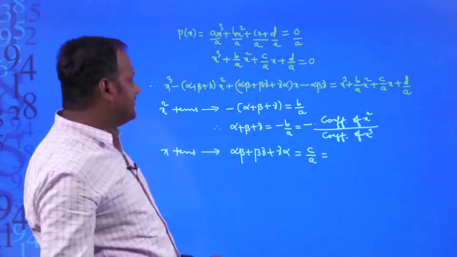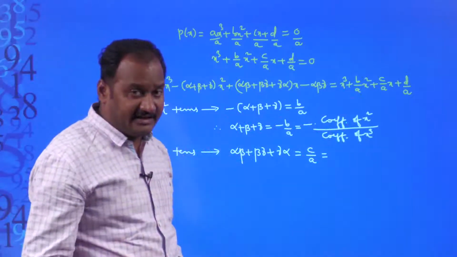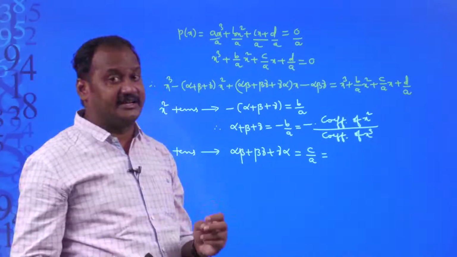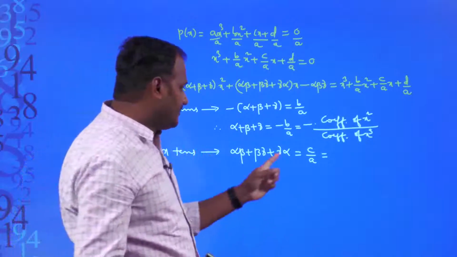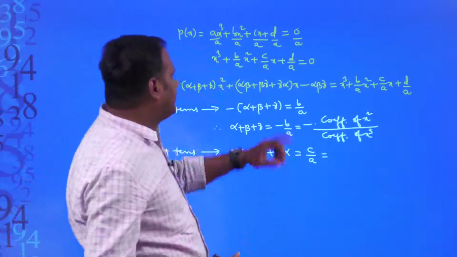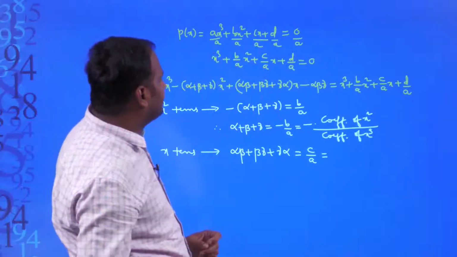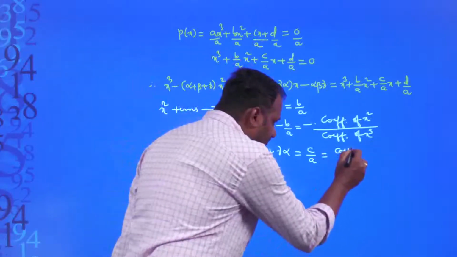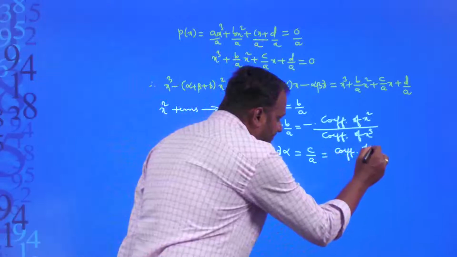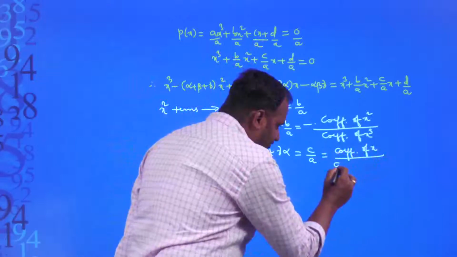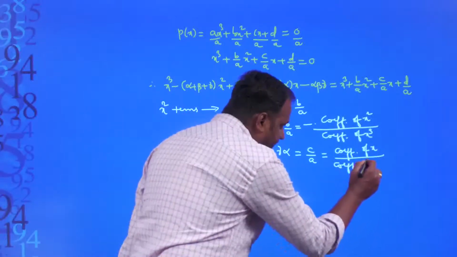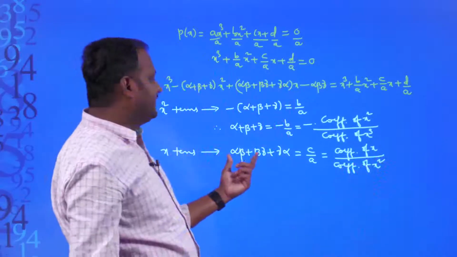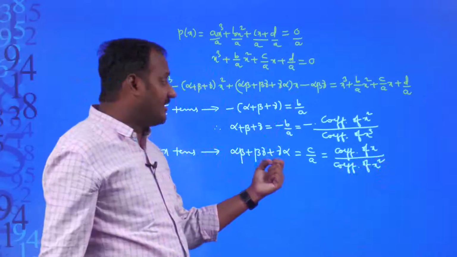So alpha beta plus beta gamma plus gamma alpha is known as the sum of product of zeros taken 2 at a time, which is equal to c divided by a. And what is c in this cubic equation? That is the coefficient of x. So c divided by a is coefficient of x divided by coefficient of x cube, right? So this is about alpha beta plus beta gamma plus gamma alpha.